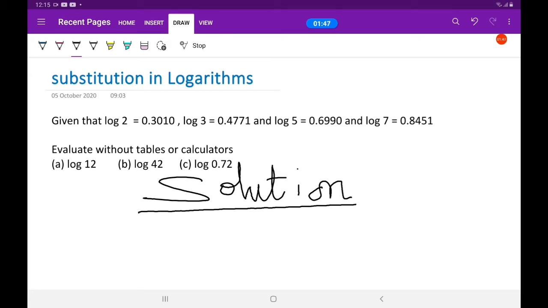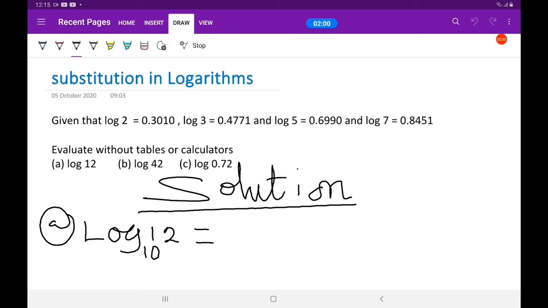Now, the first one we have is log 12. Log 12 to base 10. What do we do to solve it? If I break log 12 down, that would be log 4 times 3, to base 10. I can therefore split it down.